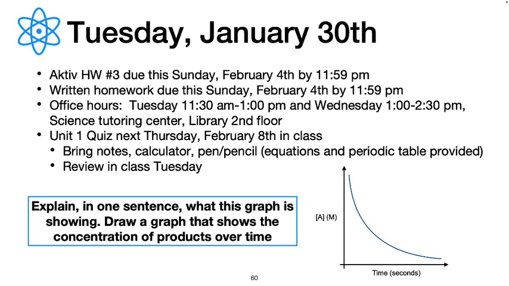One sentence what this graph is showing. Right? One sentence. We got a plot here. What is this graph showing? Once you think you have your one sentence on what it's showing, that should not have happened. Let's try that again.